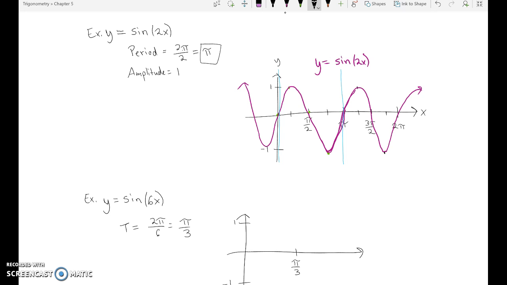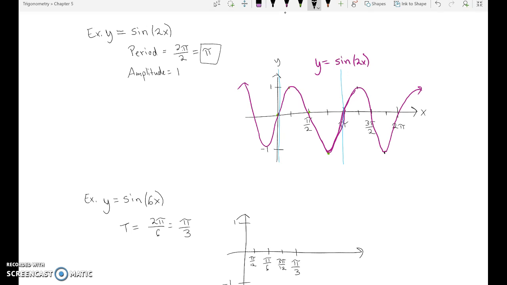I know I'm going to need points that are halfway in between, so at pi over 6, and then halfway in between that, so pi over 12 is another important point. That's 2 pi over 12, and this one is 3 pi over 12.